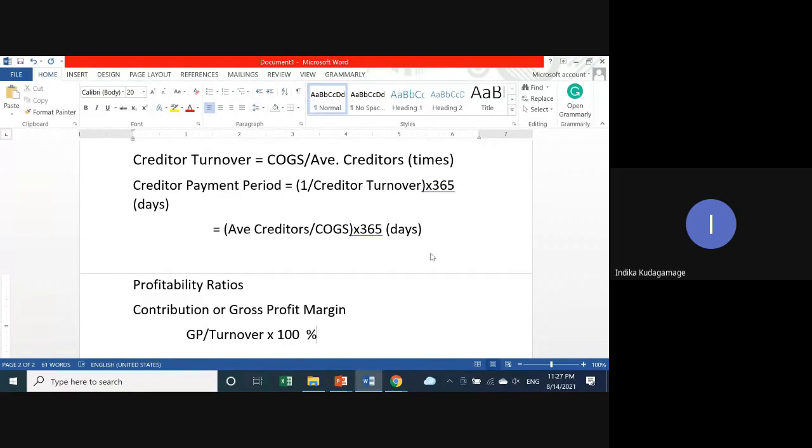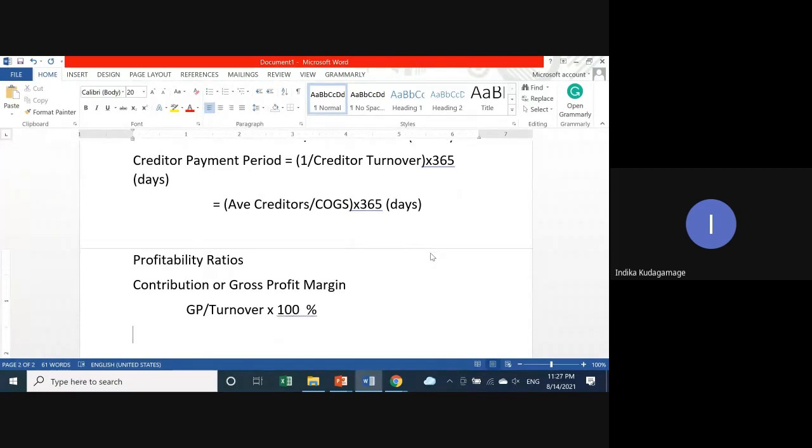Gross profit margin, right? Then the second ratio under this is profit before interest and depreciation divided by turnover into 100, which comes in as a percentage.